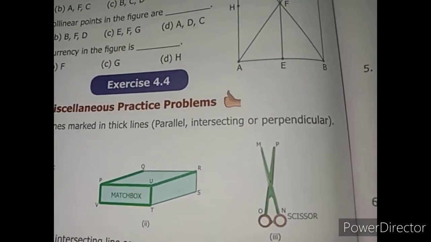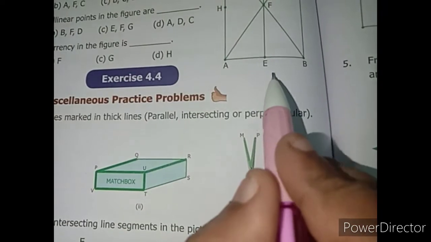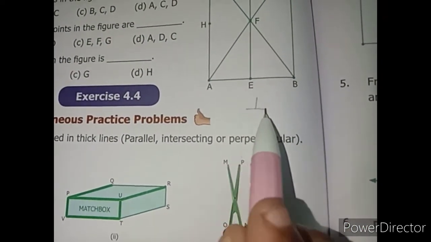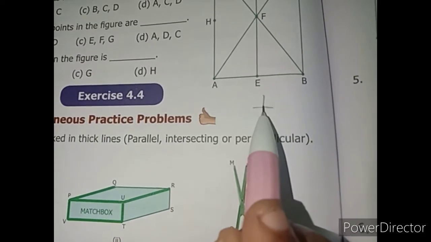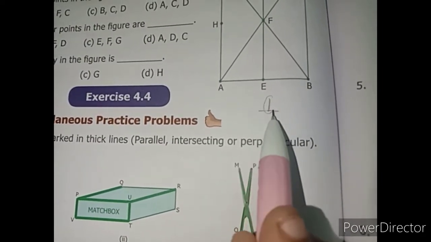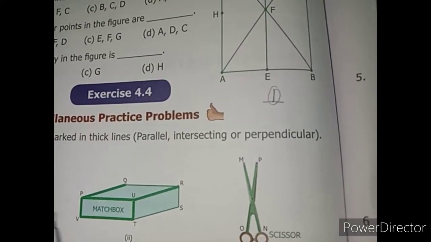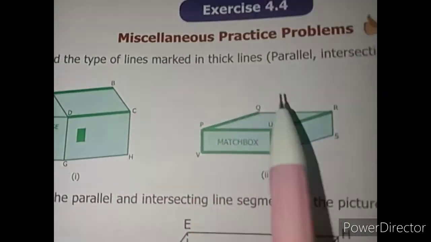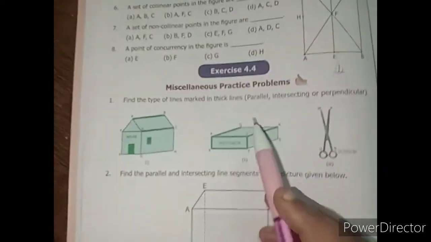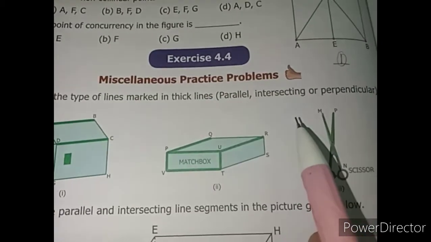Perpendicular is nothing but this. See, one line is there, and on top of it another line is cutting. So this is called a perpendicular line. We have to find which of the given thick lines come under parallel and which come under intersecting.